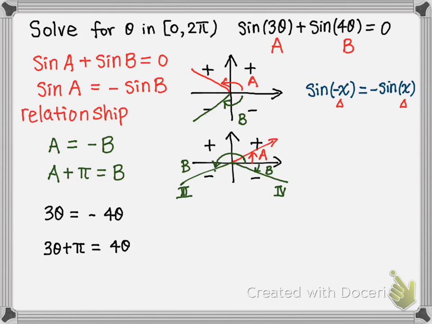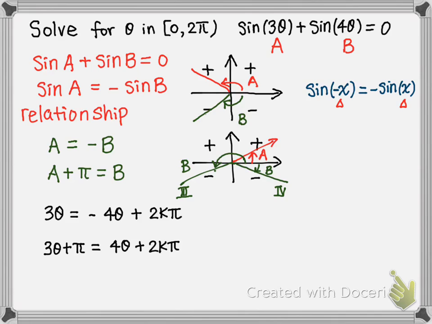So those are the two relationships. What's more, if you rotate the angle B 2 pi, so 360 degrees, you end up at the same angle. That means you can rotate it 2k pi and they are still equal. So these two relationships are going to give you all the solutions for theta.